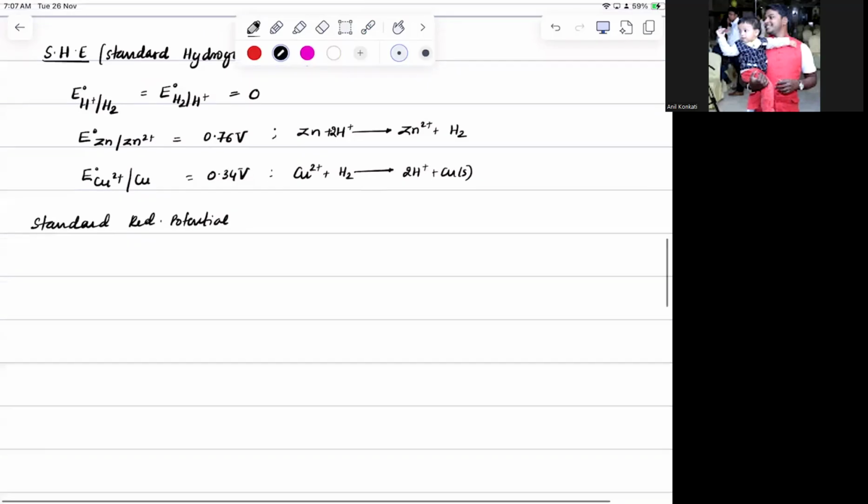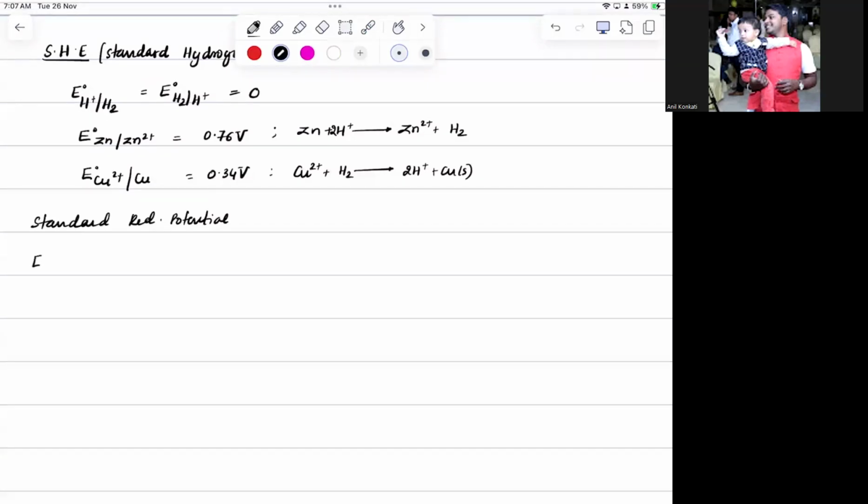For example, the highest value of standard reduction potential is for fluorine. So F2 to F minus is the highest value, around 2.65 volts. And the lowest value is for lithium, that is Li+ to Li, minus 3.03 volts.